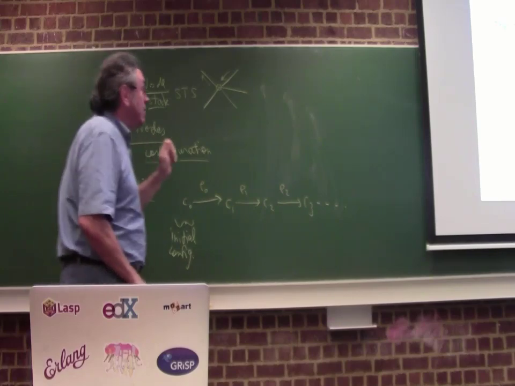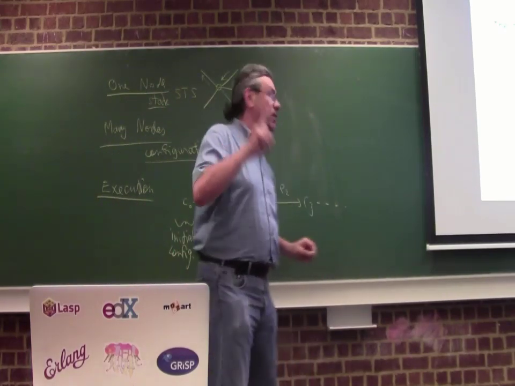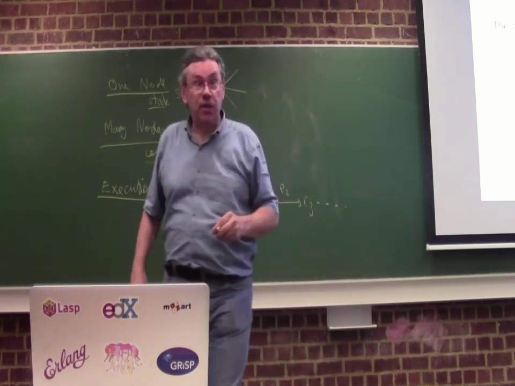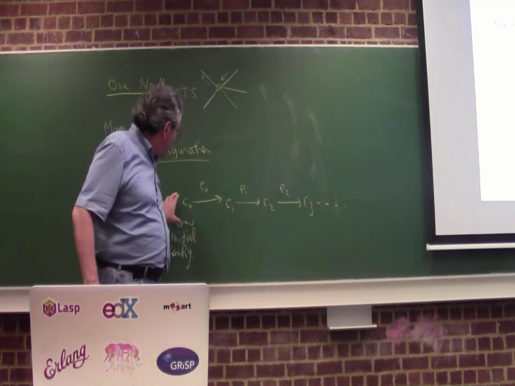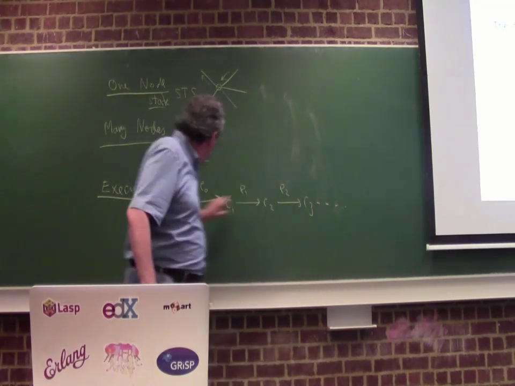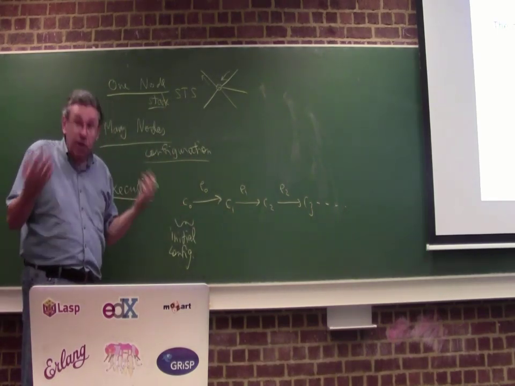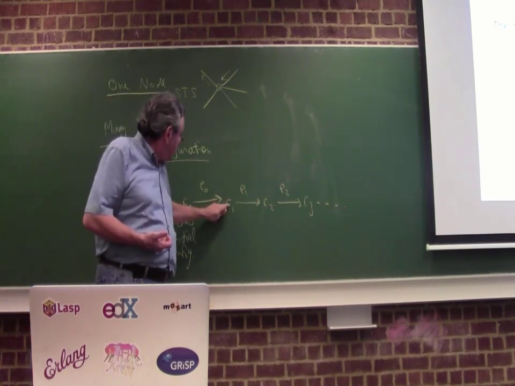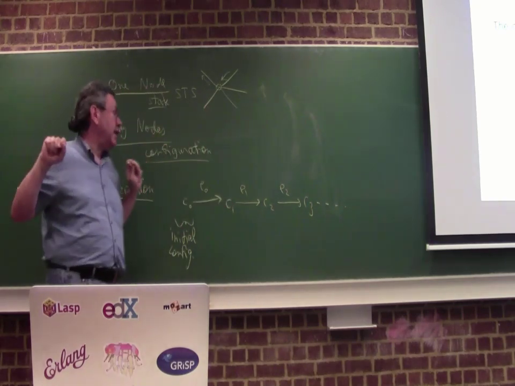We're going to model this as a single sequence, one global sequence of configurations with events. So this is a very abstract thing, because each of these configurations has many nodes, and the nodes are running in parallel. So it's actually not so obvious that there's one event which is the first event, okay?